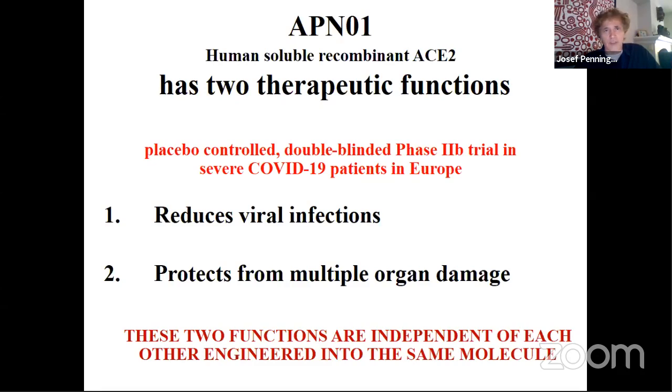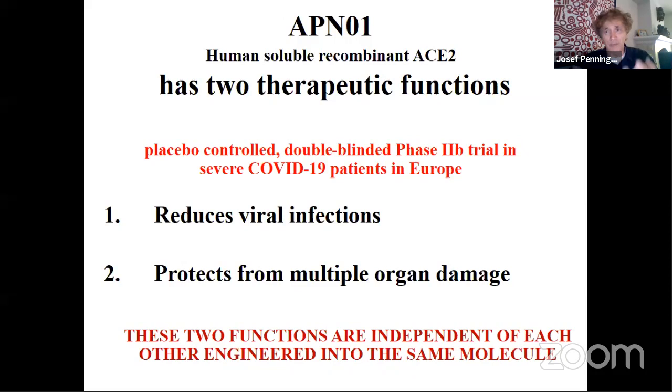The reason why we do this is because first, of course, it would work as an antiviral, very similar to remdesivir. And we give it systemically. Unfortunately, we don't have it nebulized yet, but we give it systemically. And secondly, from data from my lab and many other laboratories, ACE2 protects against organ damage in multiple paradigms: heart disease, kidney disease, liver disease, cardiovascular diseases.